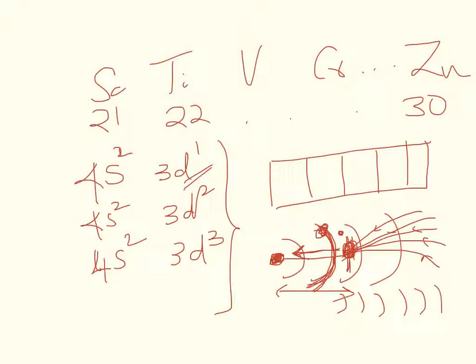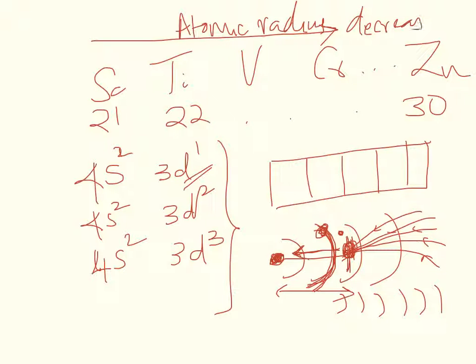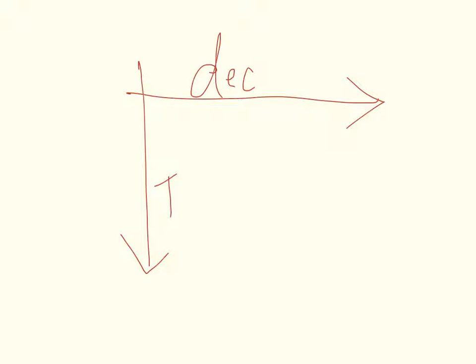It's not a remarkable decrease, but it is a considerable amount of decrease. So as you go from left to right on the periodic table, along the period, the atomic radius decreases. The trend for atomic radius: it decreases along the period and increases down the group.